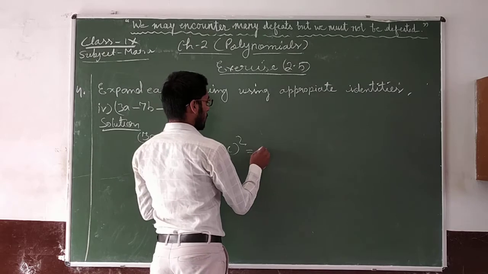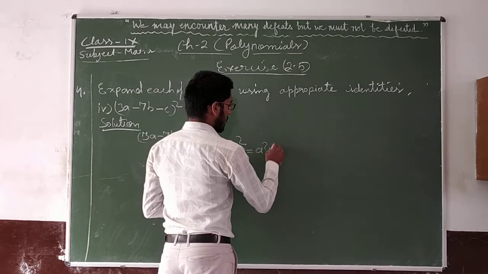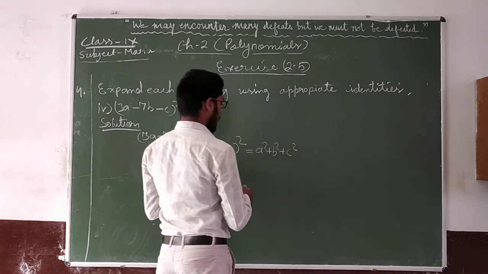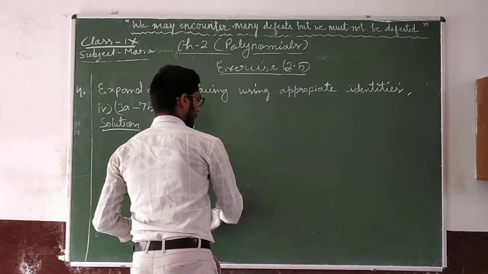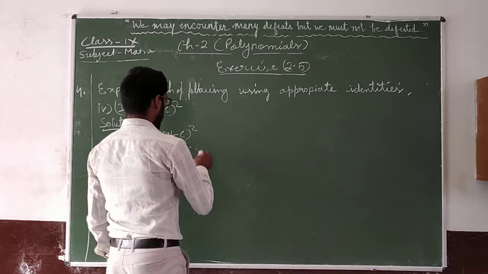So with the help of that identity, here it will be a square plus b square plus c square. Otherwise you can write in terms of x, y, z, because I have explained your first identity in the form of x plus y.